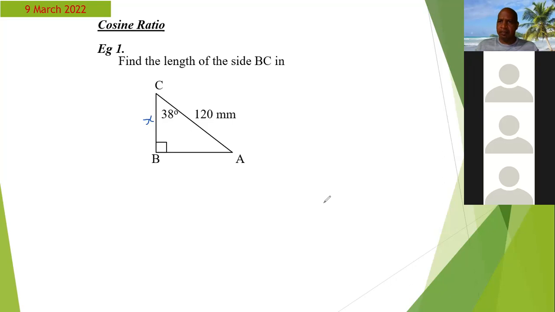Sir, can I get one minute? I'm going for the calculator. All right, you can have a minute. In the meantime, guys, just look at the question and see if you could figure out how to solve it. You're trying to find the side BC.